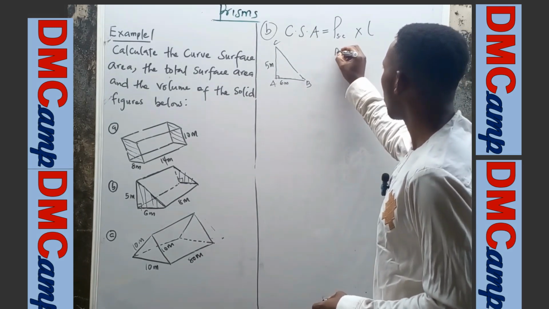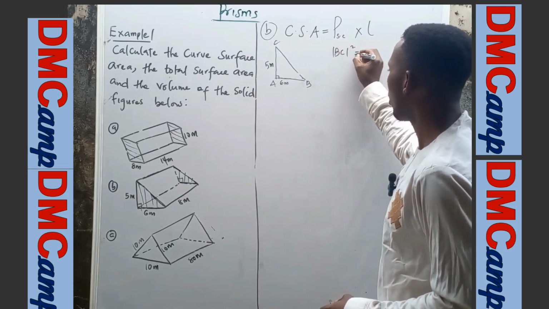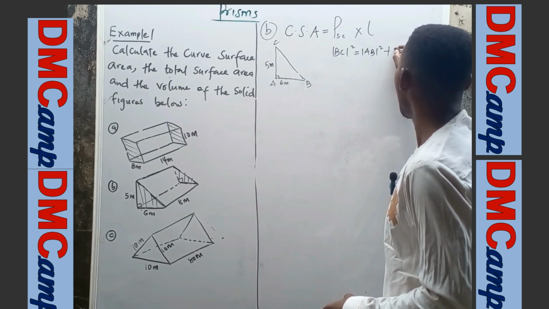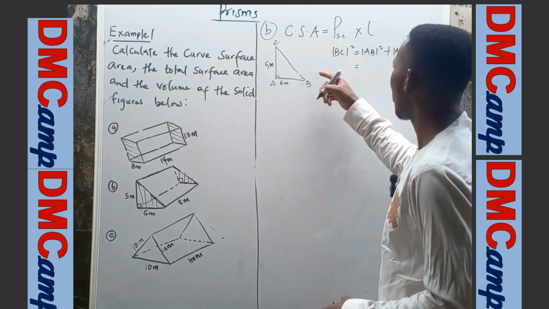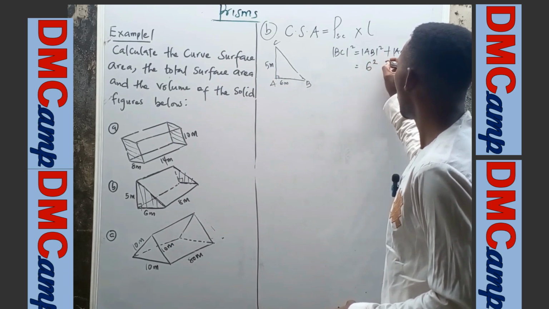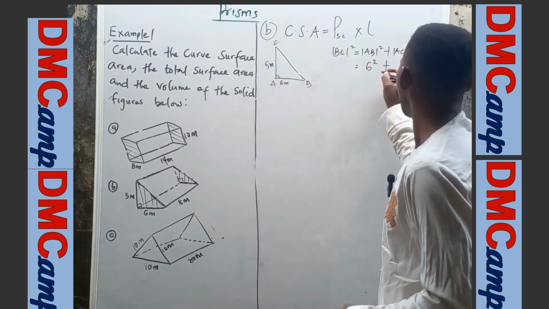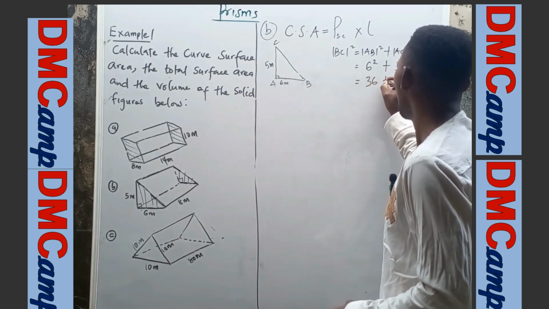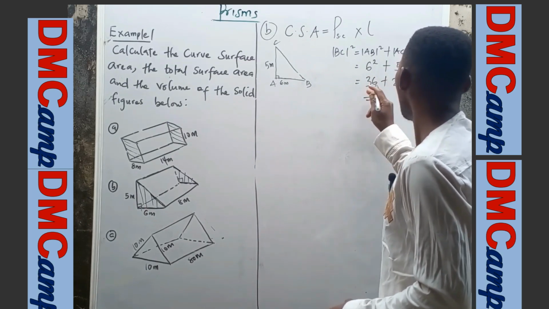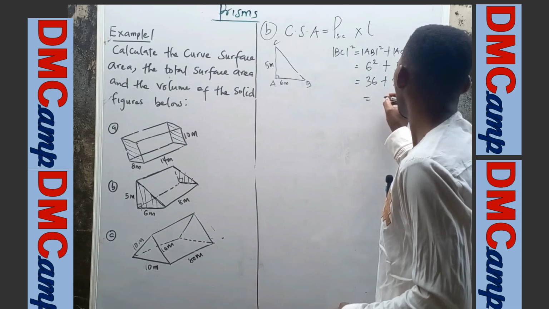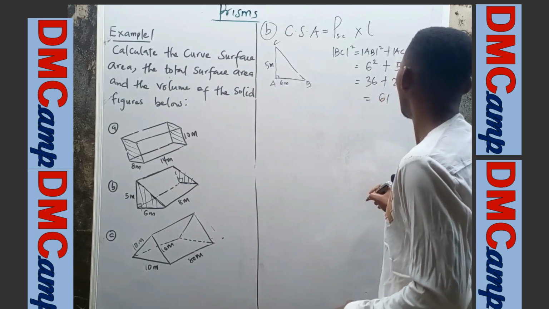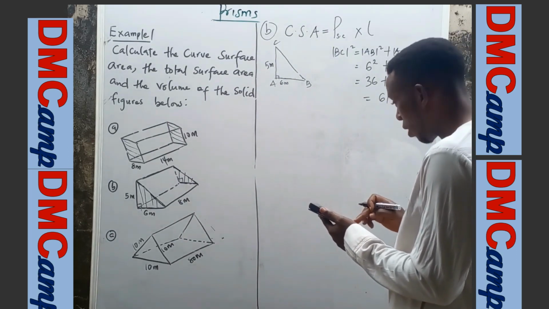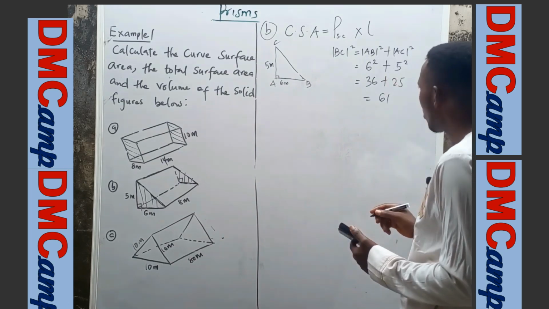So here we are going to say BC square equals AB square plus AC square. So AB square is 6 square, then AC is 5 square. If we add this, we are going to have 36 plus 25, which gives us 61.